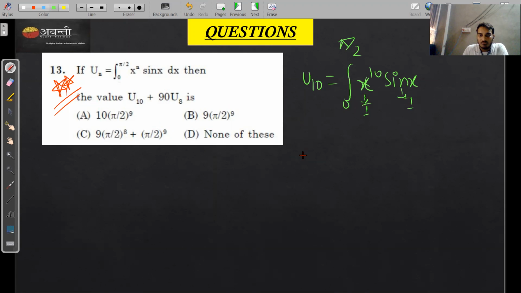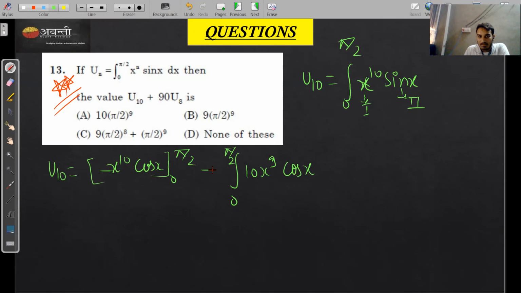Okay, how do you use by parts? So u10 is equal to first function into integration of second, and the integration of sin x is what? This is the second function, right? Minus cos x, from 0 to pi by 2, minus integral of the differentiation of first, 10 x raised to the power 9, into integration of second, which is minus cos x.